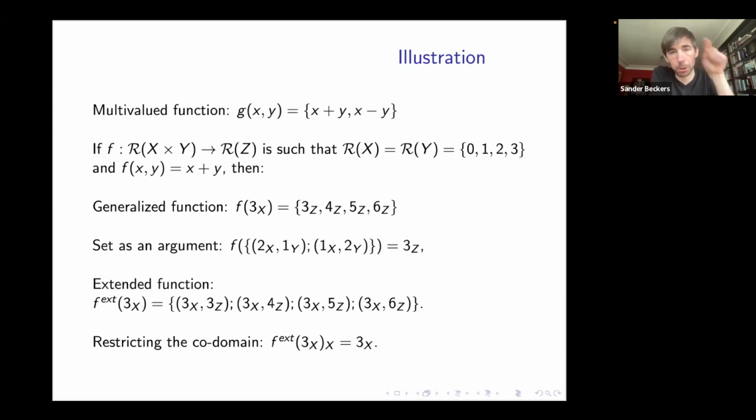So I'm indicating that with 3 subscript x to indicate this is the variable x getting the value 3, and I've ignored y. Well, to solve that, you just take into account all the possible values for y and return all those answers. So since the range is 0, 1, 2, and 3, if you give it x equals 3, then the outcome will simply be that z is going to be 3, 4, 5, or 6.